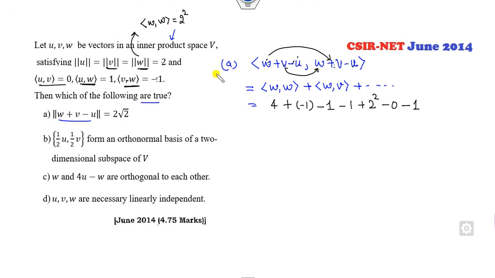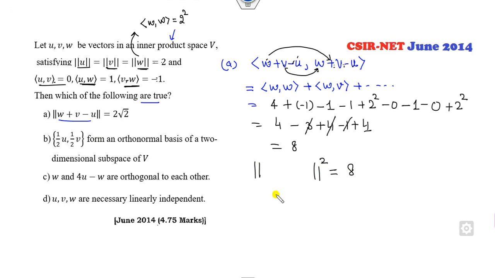It's minus v and u. Minus v and u is 0. Minus minus plus u and u is 2 square, so that is 4. It's 4 minus 1 plus 4 minus 1 plus 4. So 4 is cancelled, and it is 8. But you need a norm. So this is the square of the norm, 8. So what is the value of this? It is 2 root 2.